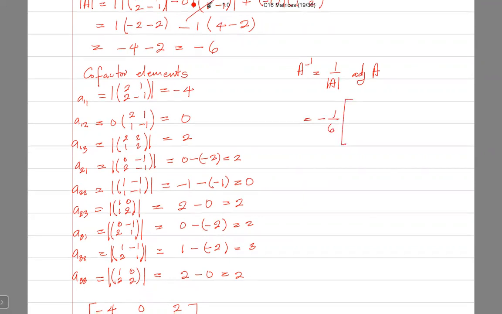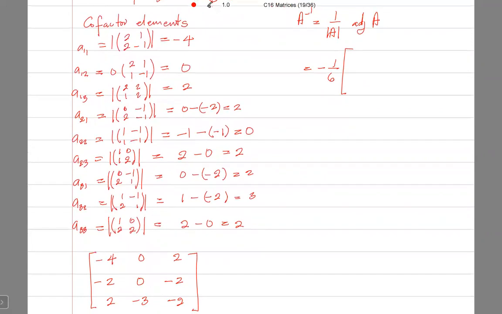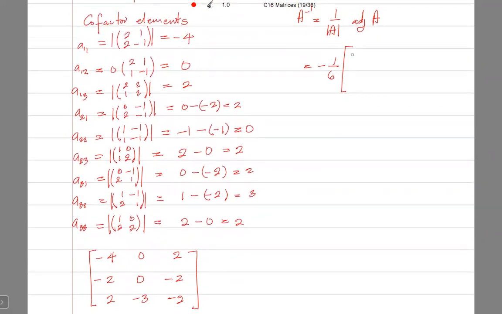Now adjoint A is the transpose of the cofactor matrix. So it's minus 4, 0, 2, minus 2, 0, minus 2, 2, minus 3, minus 2. So technically that is A inverse.